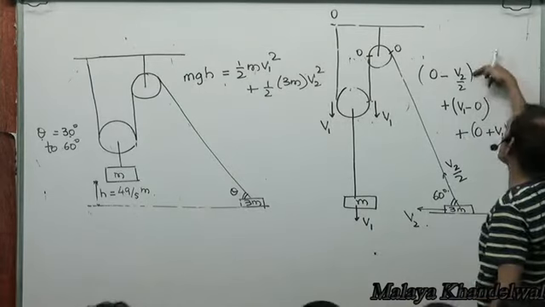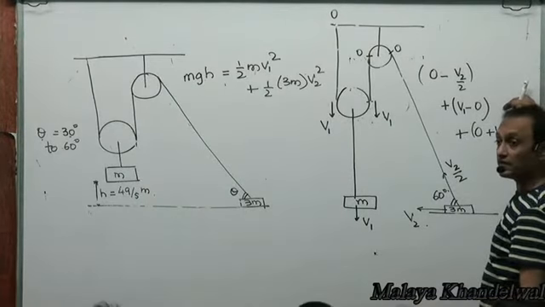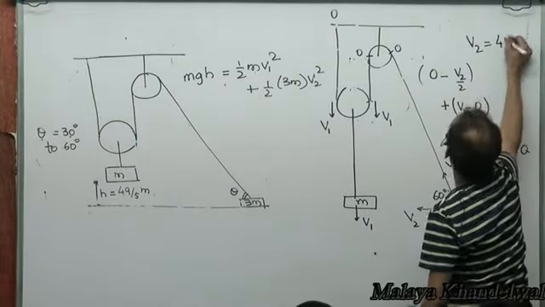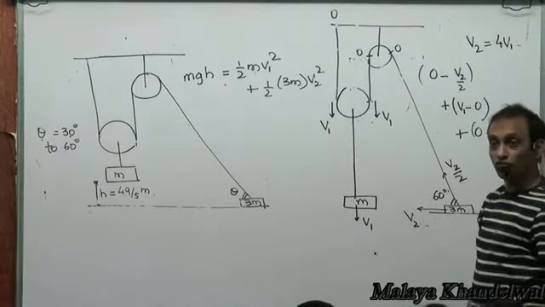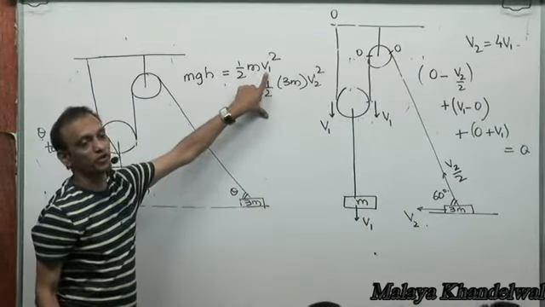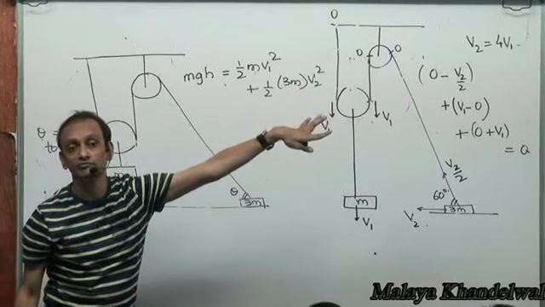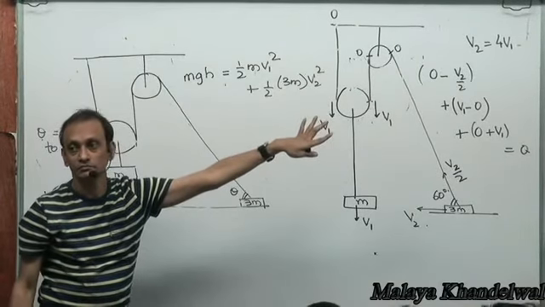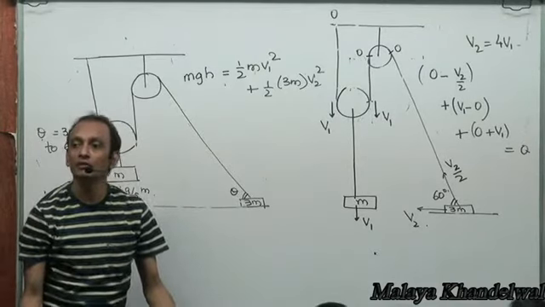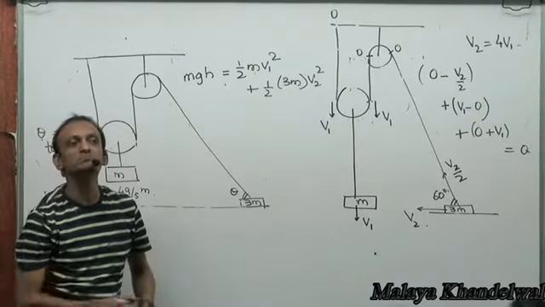So this gives me a connectivity between V2 and V1. So this gives me V2 equal to 4V1. You can plug in V2 equal to 4V1 and obtain the value of V1 and therefore also the value of V2. So, two very ordinary things with which you were familiar, you had to apply in a very simplistic manner.